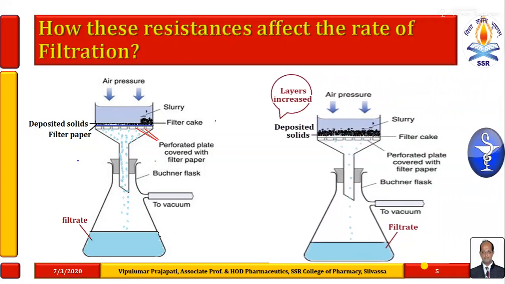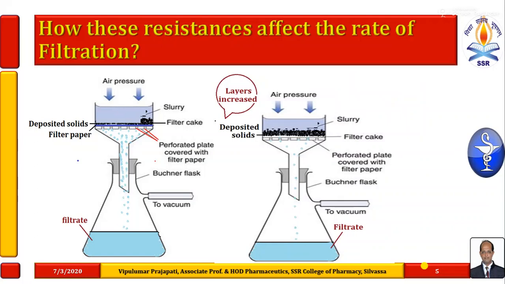So after a few intervals of time, if we look, the deposited solids on the filter medium have increased, so it indicates the number of layers of solids increased on the surface of filter medium. So the filter cake itself acts as resistance against the flow of fluid to pass across the pores of filter media.